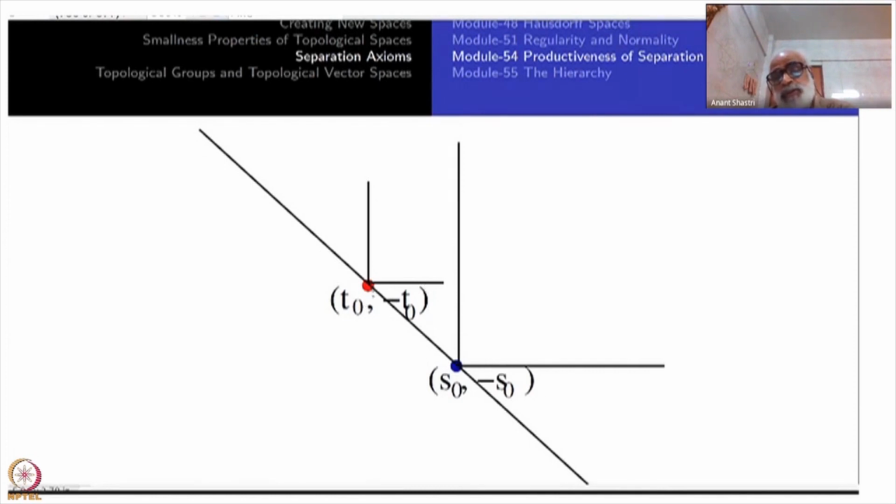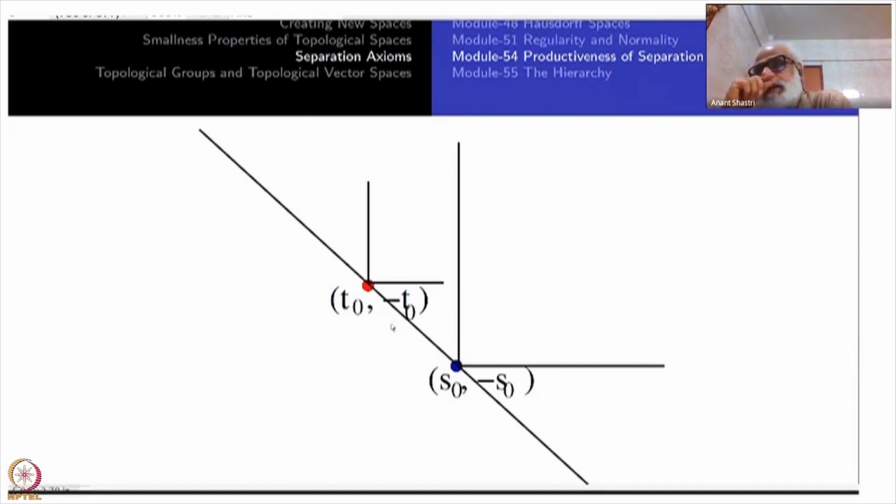Whether I choose it here or here, it is the same thing. But I have meticulously chosen it behind here. Now I can choose the next rational on this side. So S naught, T naught, S1, T1, S2, T2, just like in the proof of the Leibniz series.